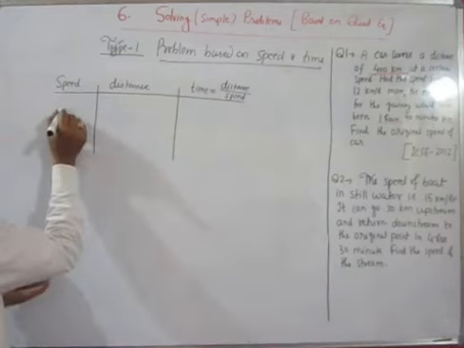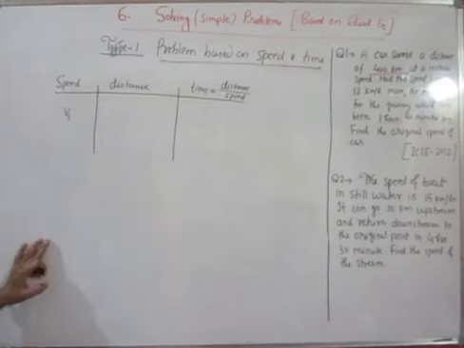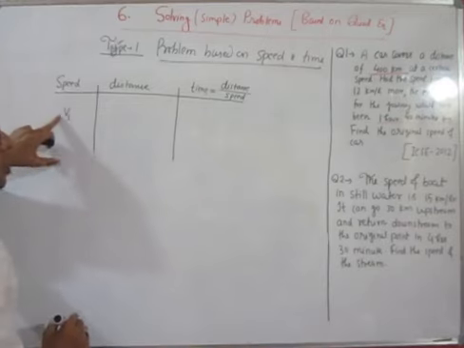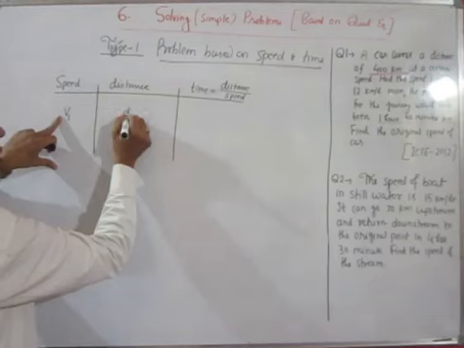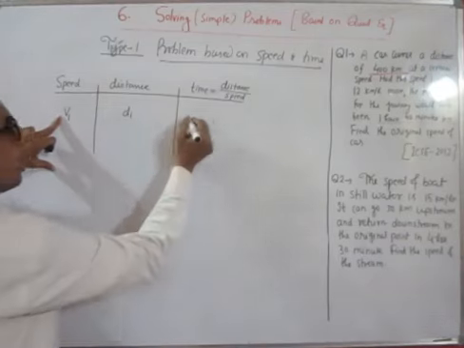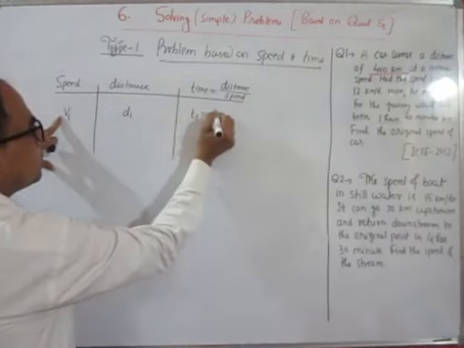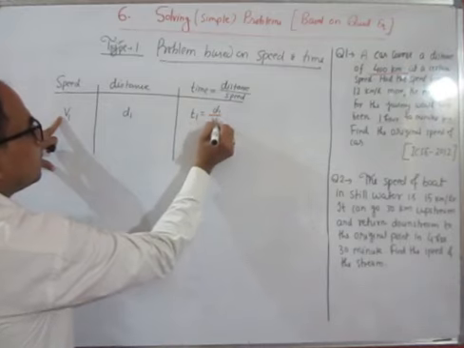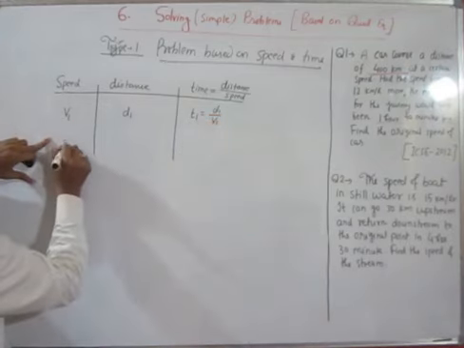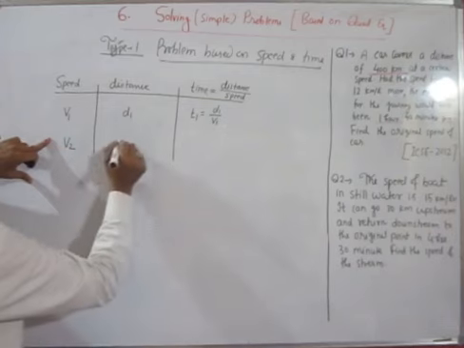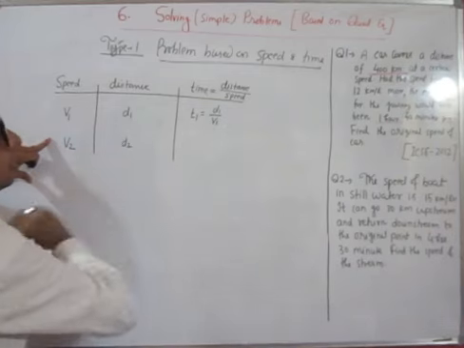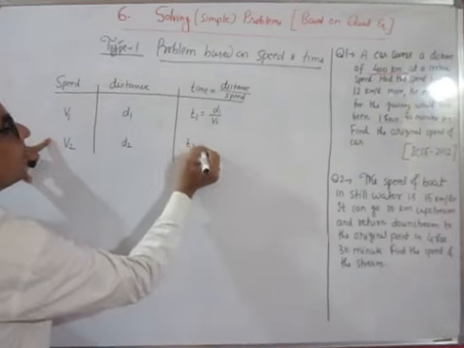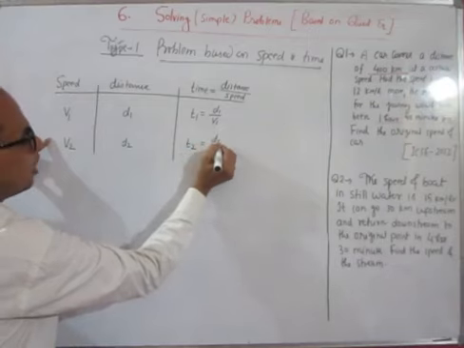Now write the first unknown speed. This will be unknown. Write the given distance and calculate time here, t1, distance by speed. Then write the second unknown speed. Write distance here and calculate the time, distance by speed.